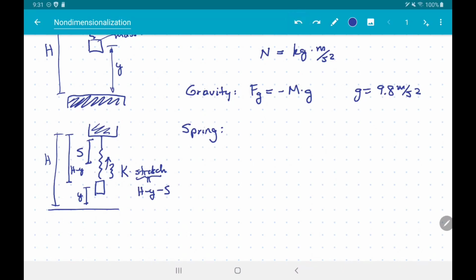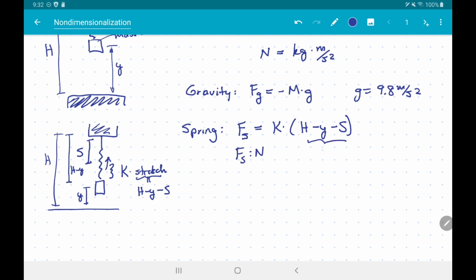And the force is upward, so I'm going to write that the force of the spring is k times h minus y minus s. And again, k, h, and s are constants. y is a dynamic variable. Now, just so that you can see, this is supposed to be a force, so it's in newtons.